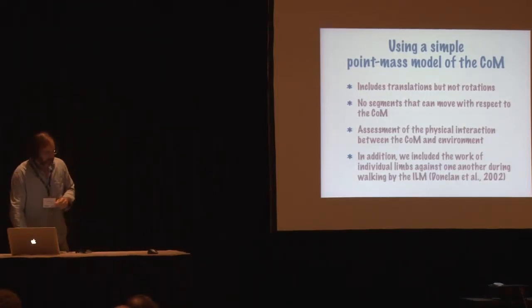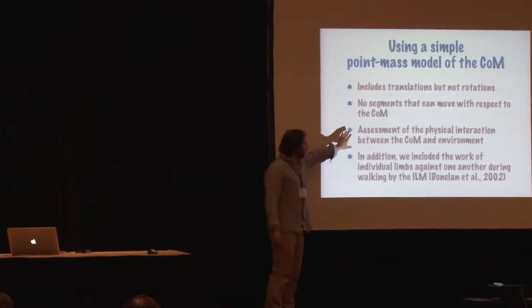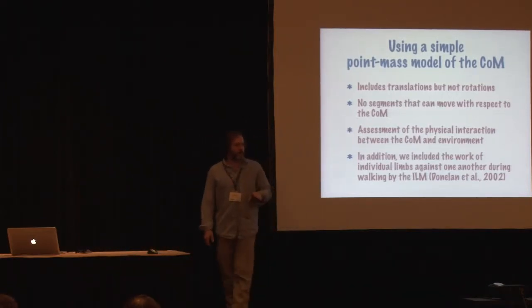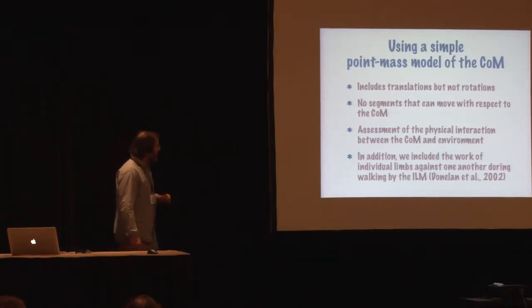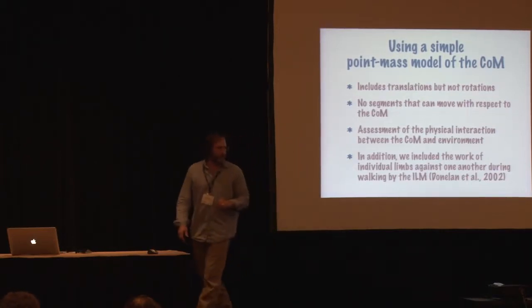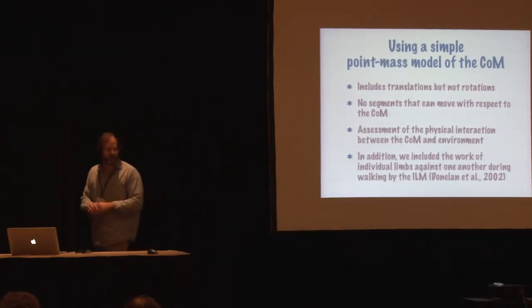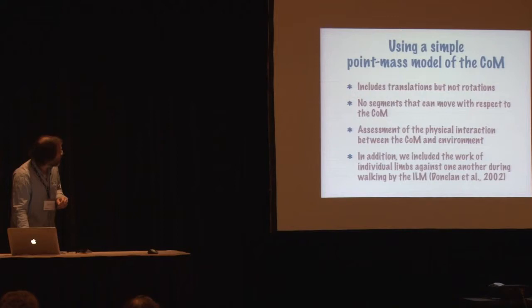What we're interested in is its ability to really describe that fundamental interaction between the center mass and the environment on a very basic level. So we do, of course, acknowledge that limbs do work against each other when we have double support, and we include that when we talk about cost of transport later in this analysis.